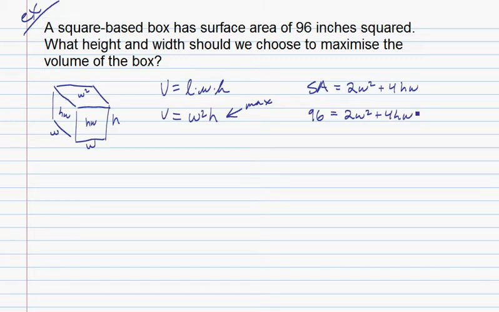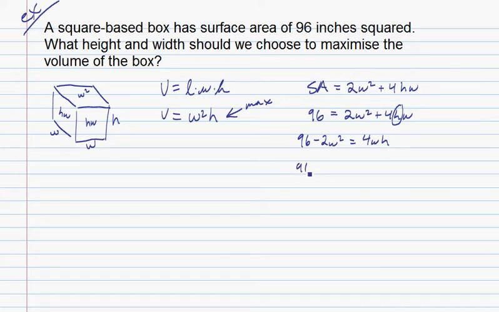constraint. And just as before, I'm going to choose to get h alone, so that if I have h, I can plug whatever I get into my maximization problem. So I'm going to do 96 minus 2w squared, and I'll write it 4wh.